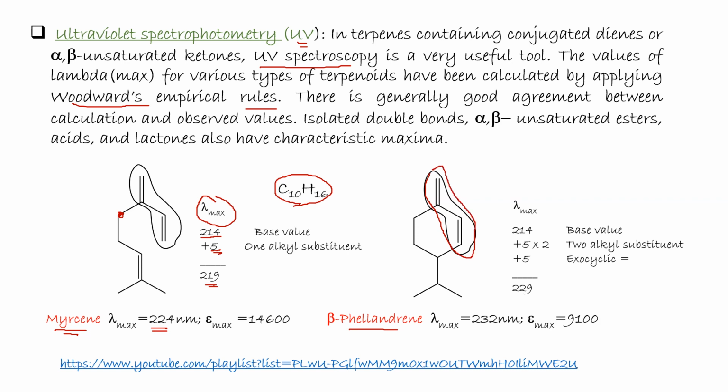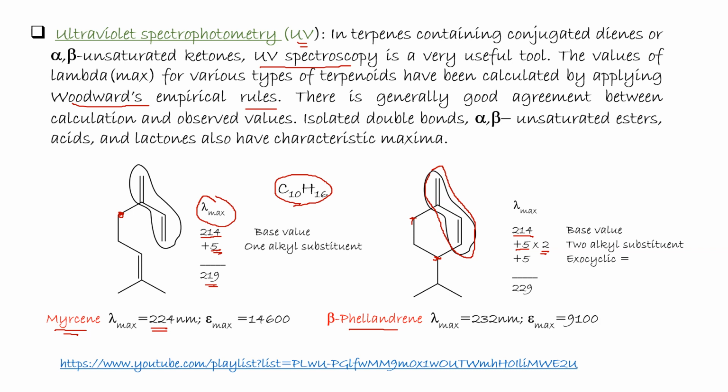Well, for the monocyclic analog, here we have a conjugated diene system, and it is heteroannular, meaning the diene double bonds are not in the same ring. So again, we calculate the base value of 214. On the diene system, we have here a substituent, and here another substituent, so we have 5 times 2 for the 2 alkyl substituents.